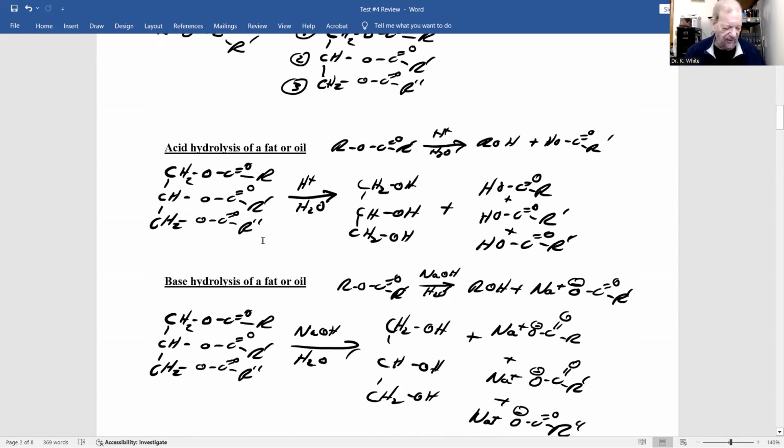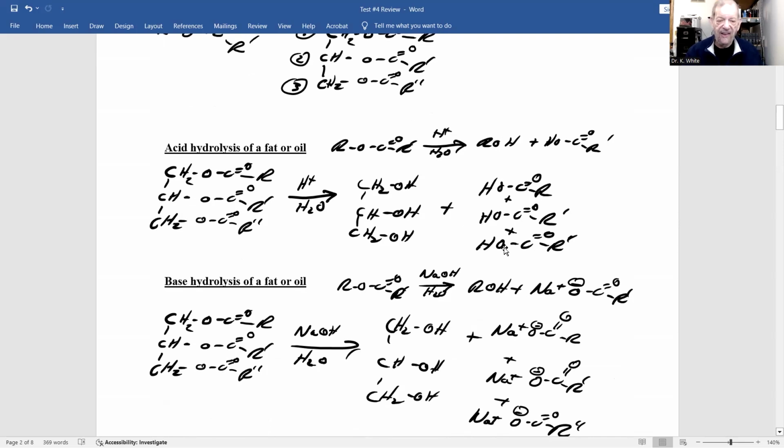We'll talk more about that in a little while. The first ester gives this alcohol plus this carboxylic acid. Second ester gives this alcohol plus this carboxylic acid. And the last one gives this alcohol, and they're connected together, and we call this glycerin, plus this carboxylic acid.